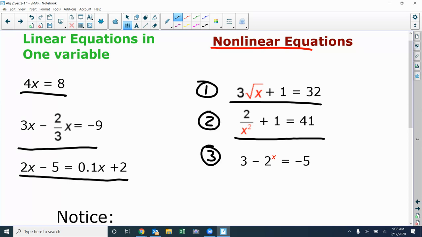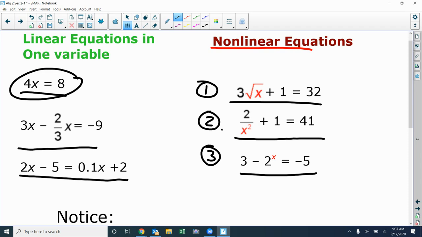And this third type here is an exponential. Notice the unknown is in the exponent. We're going to get to those. We're going to do 1, 2, and 3 later on in the year. But for now, we're just looking at these linears. Real simple. It can have a fraction, not a problem, but notice the variable x is not in the denominator.